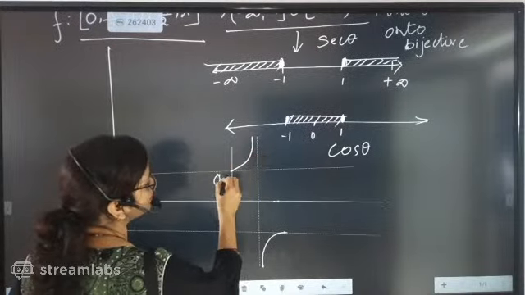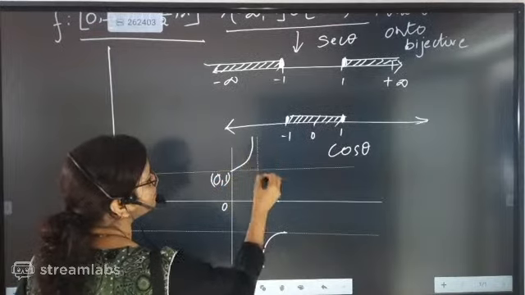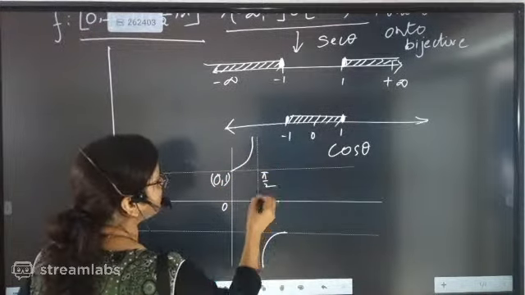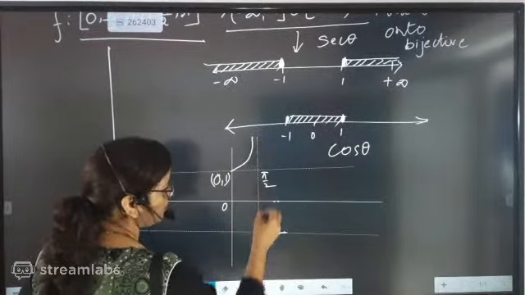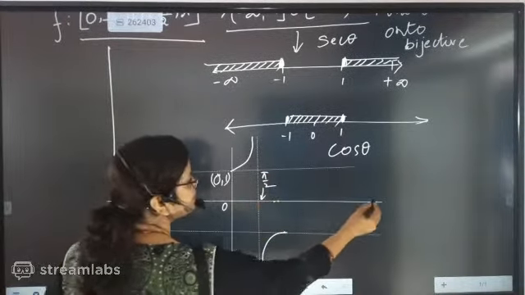But this section is 1. So 0, 1, 2. This section is pi by 2. Here, exactly this part is pi by 2.